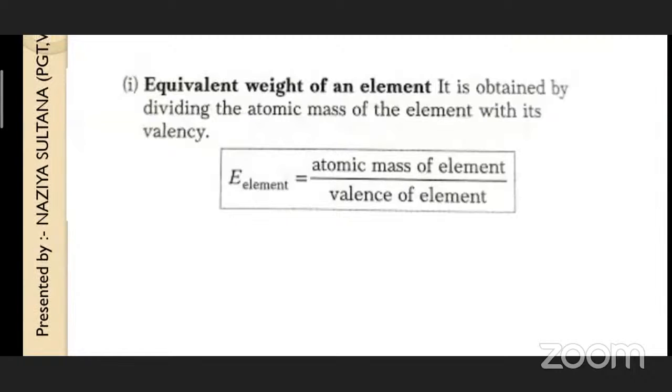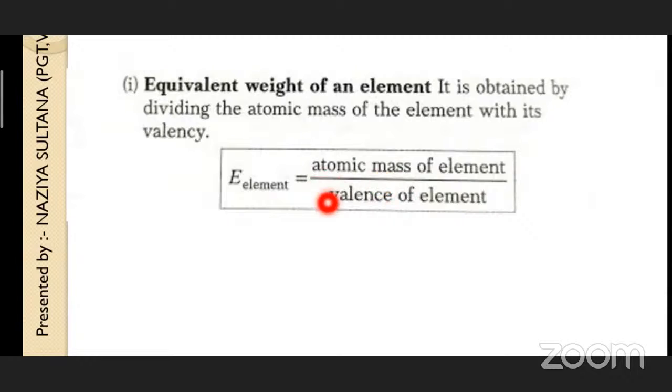Hydrogen, helium, lithium, all these are elements only. So let us see what the equivalent weight of an element is. It is the atomic mass of the element divided by the valency of the element.